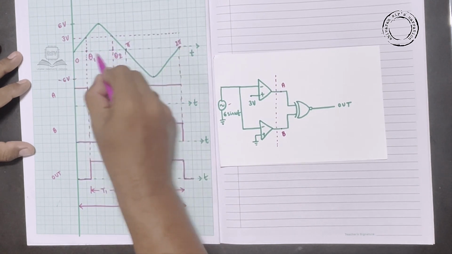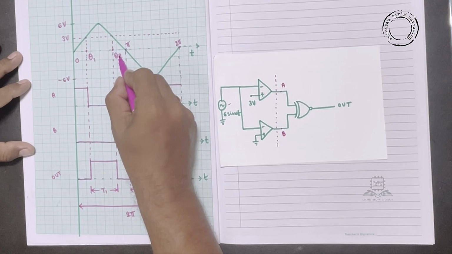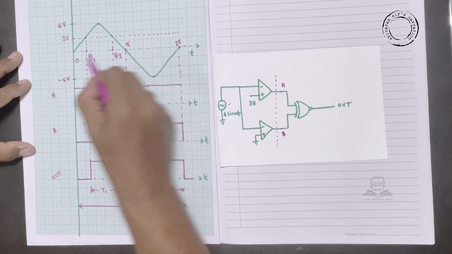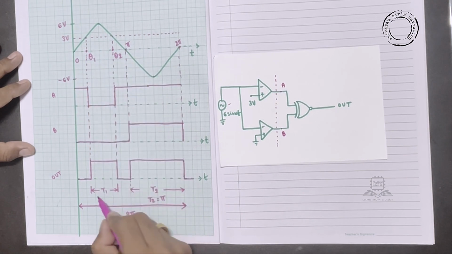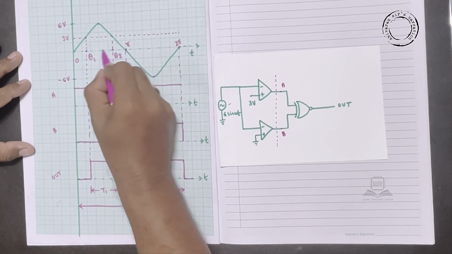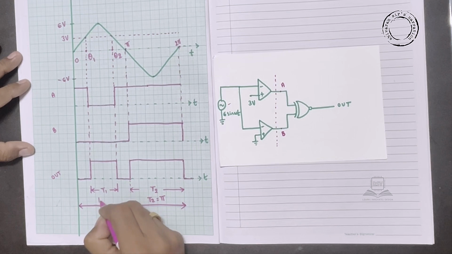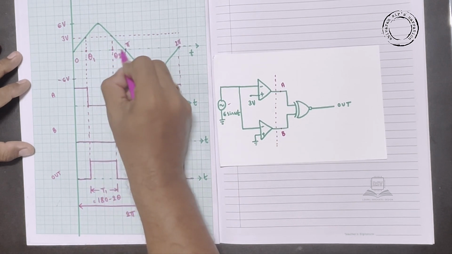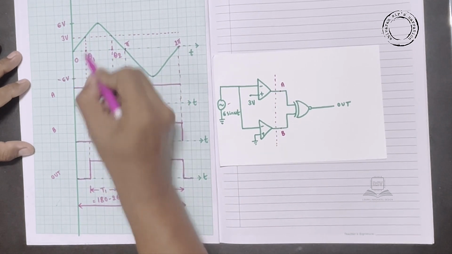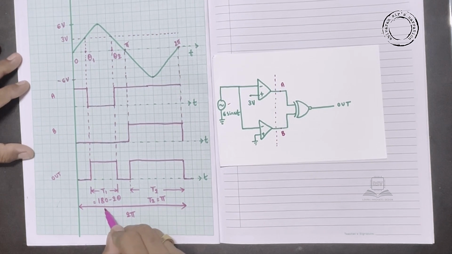These crossover points are the same, so theta 1 and theta 2 are the same. So this entire half period is 180 degrees. Then what will be t1? It is 180 minus 2 theta, because you need to remove this and this. So this portion will be 180 minus 2 theta.